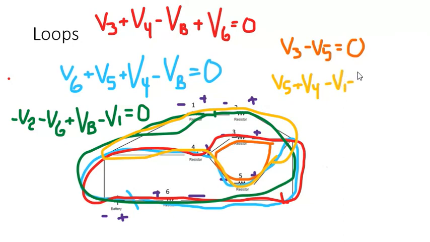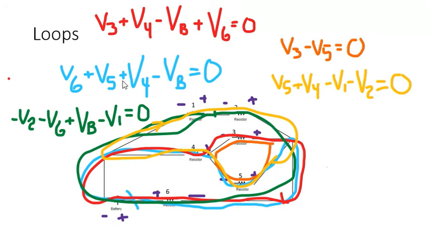Minus the voltage of 2, which is this one right here, right? This is the voltage of 2. I'm going right this way, minus, minus. Then I'm back to my starting point, so that equals 0. I'm not going to clean that up too much, but let's kind of get rid of that. There we go. So there's 5 equations, and I could even make more equations.